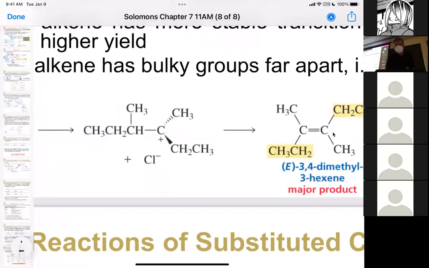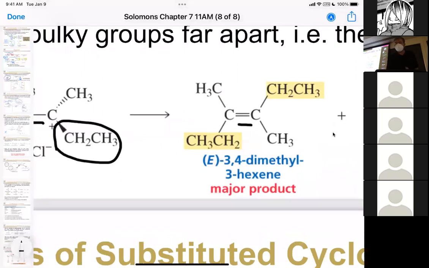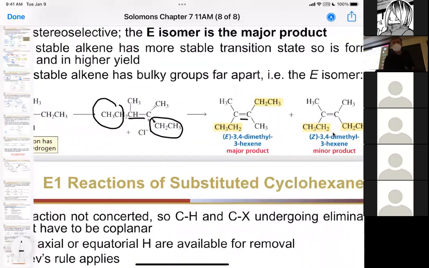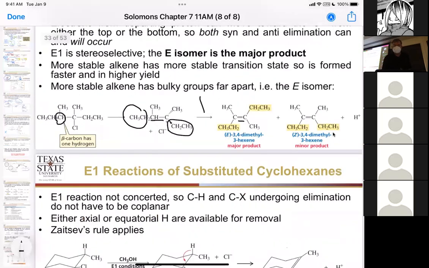And so when we make our carbocation, this big group is going to try to stay away from this big group here when we form our double bond. And therefore, we end up with our E as the major product. You do get some of this, but your E is the major isomer. Okay.